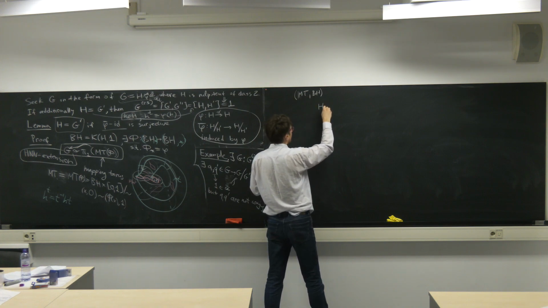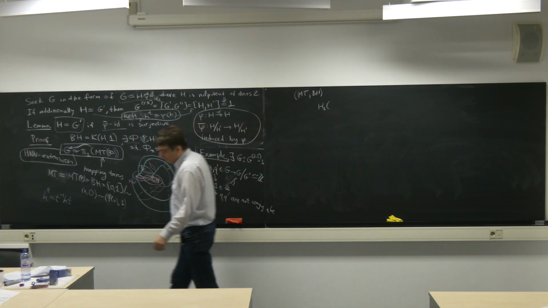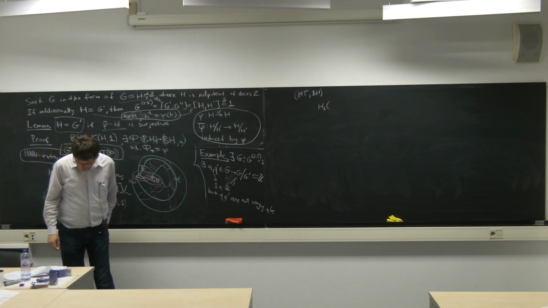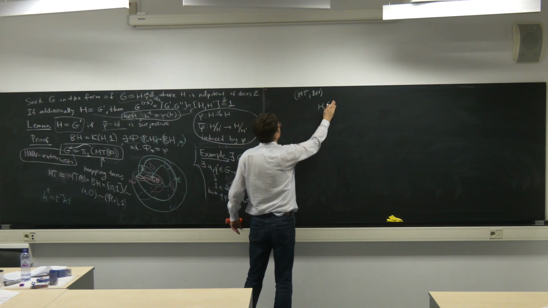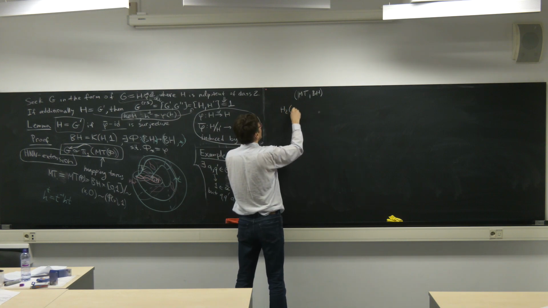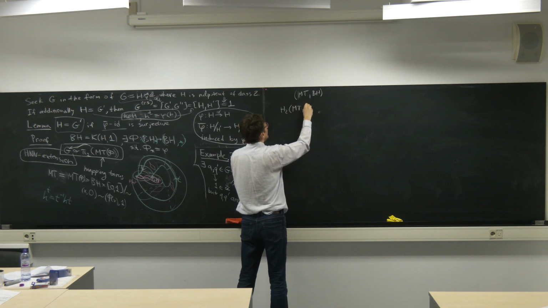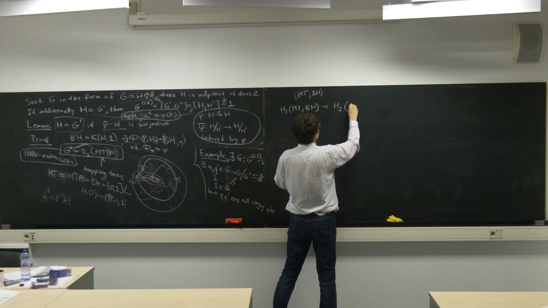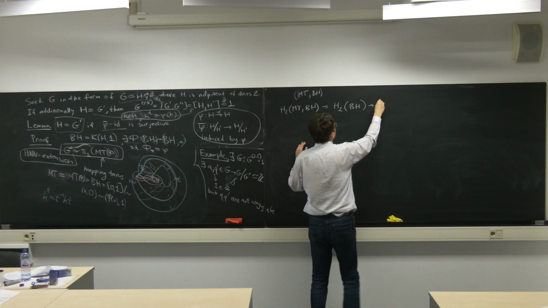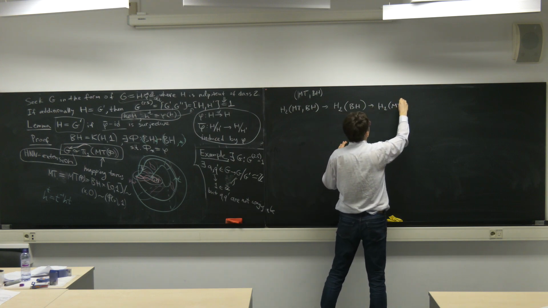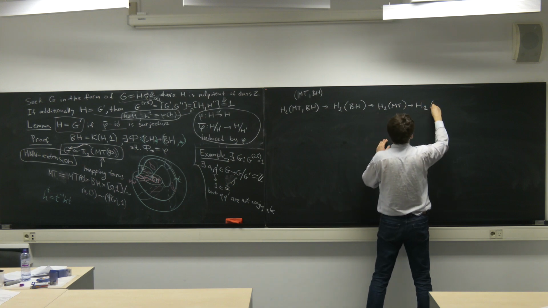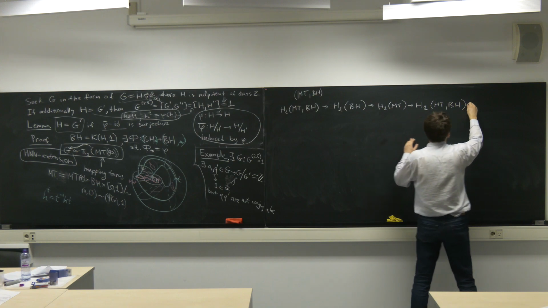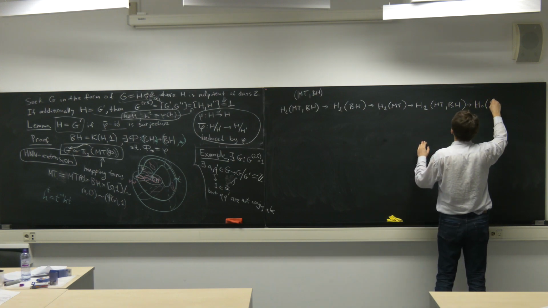So we have H2 of (MT, BH) goes to H1 of BH, goes to H1 of MT, goes to H1 of (MT, BH), and goes to H0 of BH.